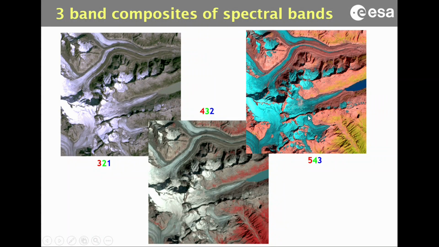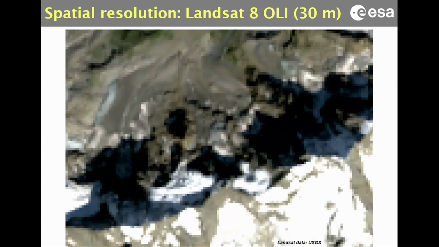Which means when we correct glaciers, it's always a good idea to have this false color composite in the background to be sure that the, let's say, rock outcrop is indeed a rock outcrop and not a cloud. This back check is quite important.